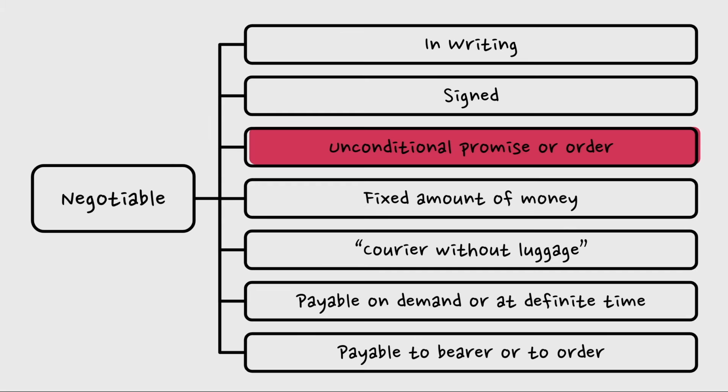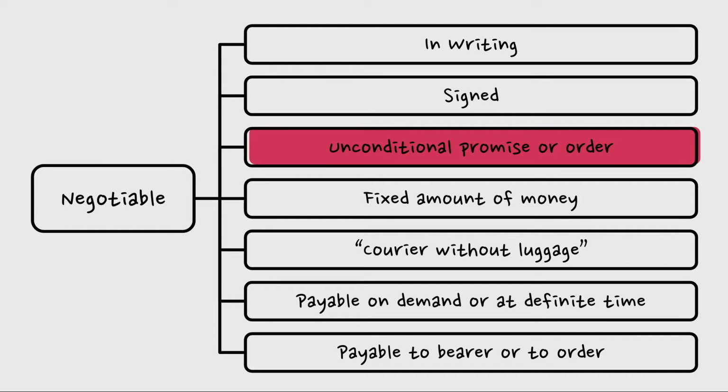Then that's fine. So not only does the note or the draft have to be in writing, it has to be signed. When we say signed, typically what we mean is, if it's a note, it's signed by the maker of that note. If it's a draft, it would be signed by the maker, right?